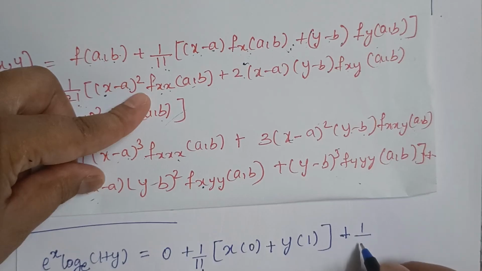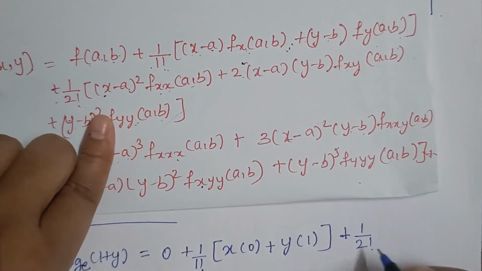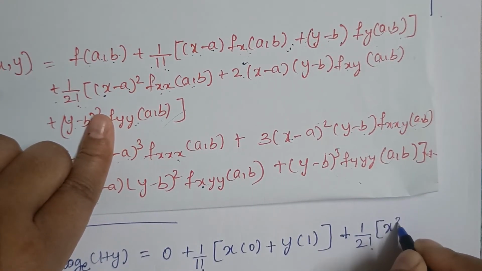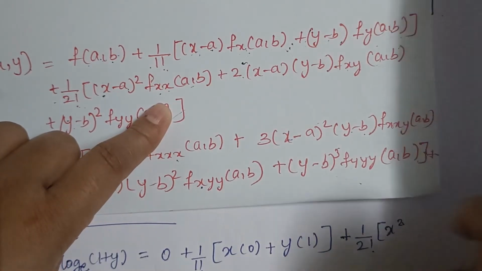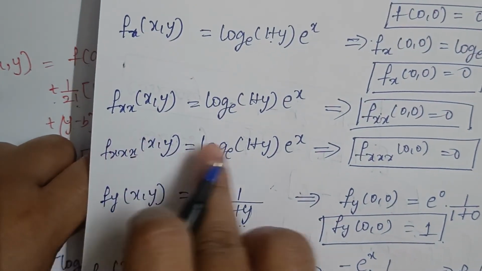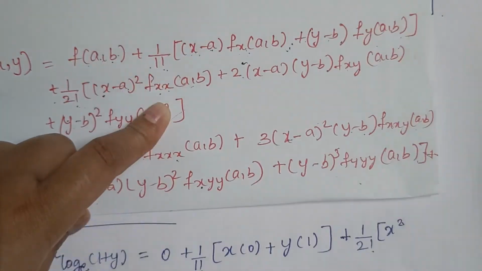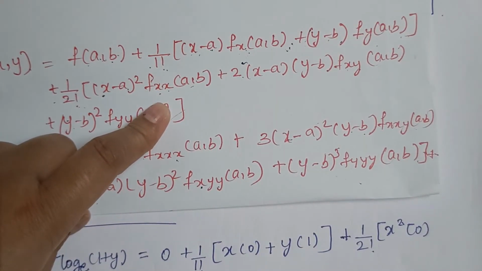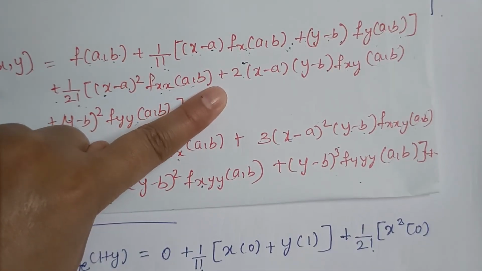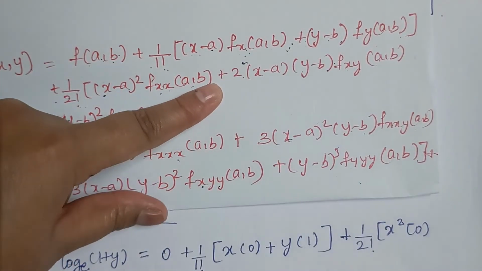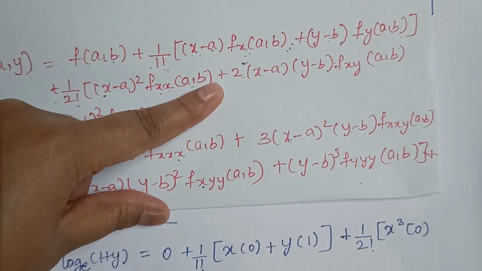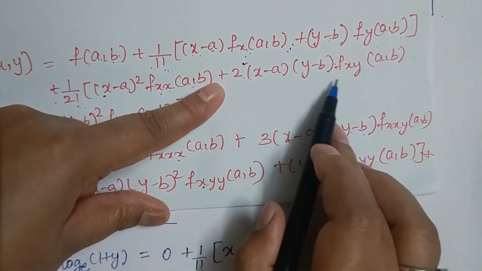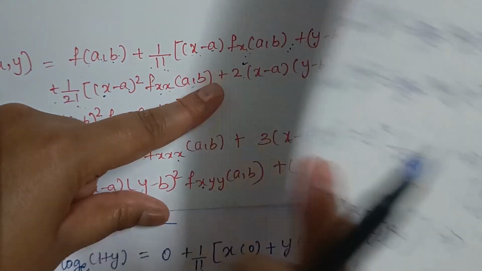1 divided by 2 factorial. Here it is going to become x square, f suffix xx of 0 comma 0 is 0, so I will write it as 0. Plus 2xy. Here it will be 2xy, so I'll just write in the next line, plus 2xy, f suffix xy of 0 comma 0.